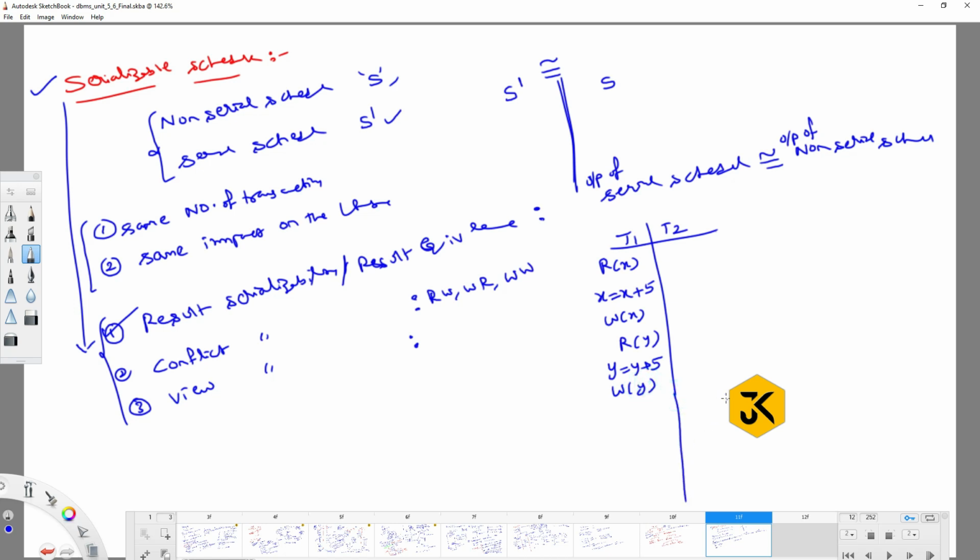And in T2 I write some other operation: read of x, x equals x into 3, and then write of x. Assume that my x variable value is 2 and y variable value is 5. Right? Now guys, tell me, is this representation serial or non-serial? Serial means after complete execution of T1, we are executing transaction T2. Now what might be the result for this one?